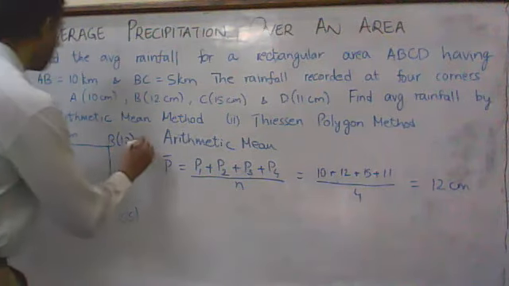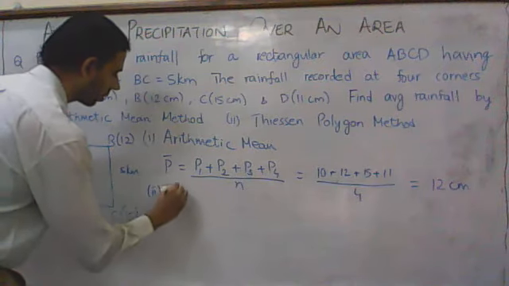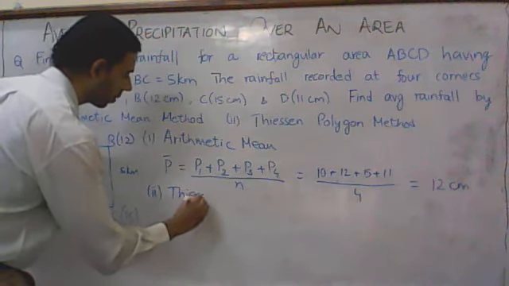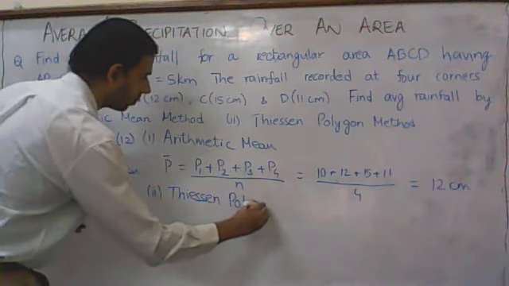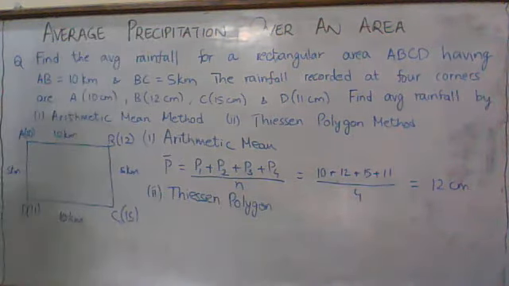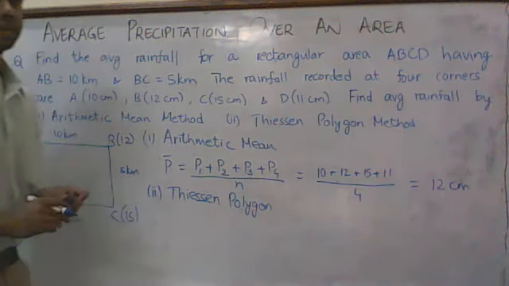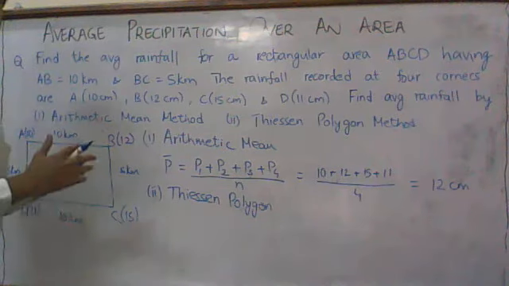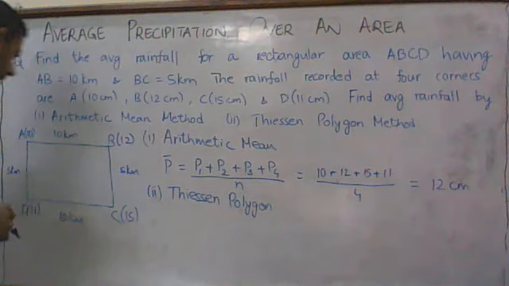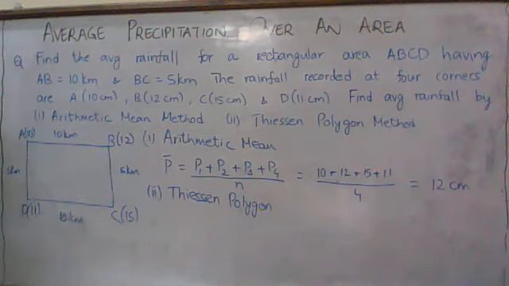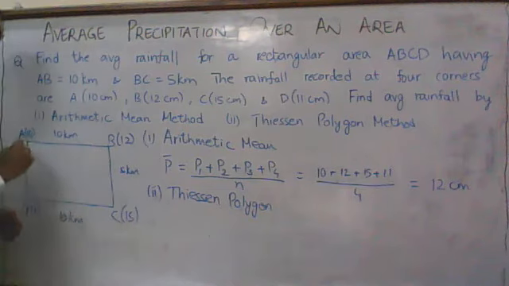Now, using the Thiessen polygon method. What is the formula according to the Thiessen polygon method? I had told you that in that formula, you have to include the area as well. Now, if you need to find out the precipitation using the Thiessen polygon method, consider this area.